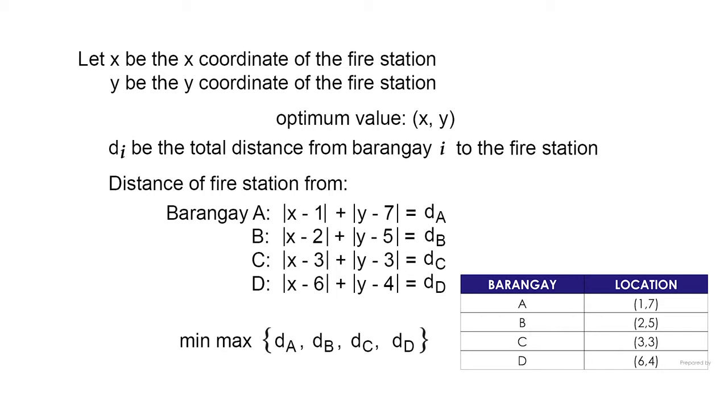Again, note that we have several absolute values. So we now use the minimax transformation and the absolute value transformation in order to properly transform our problem into a linear problem. In order to do this, we will be introducing new variables.